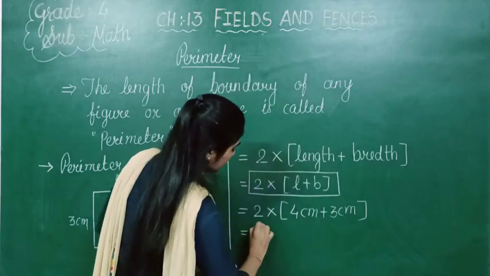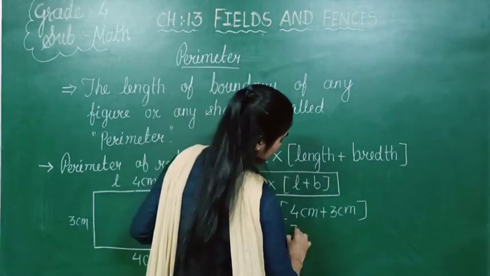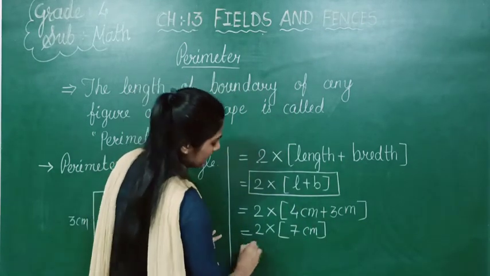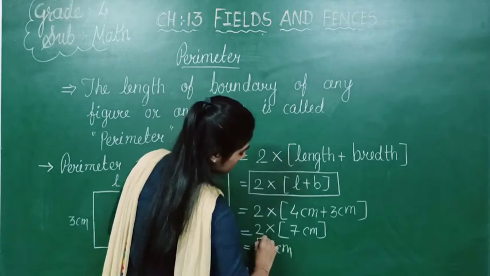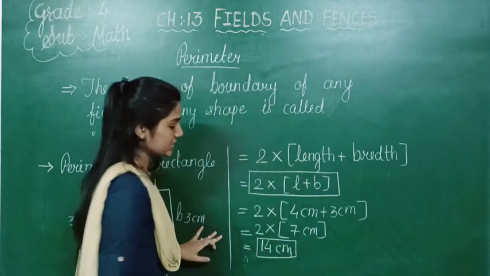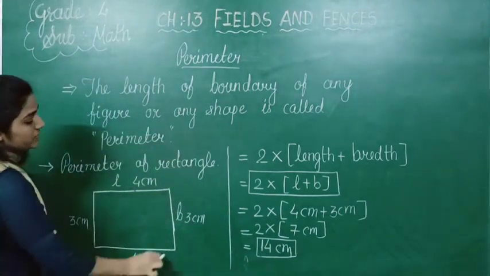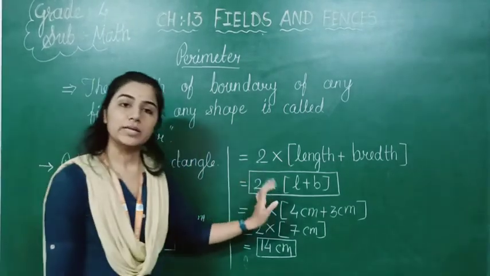So we can find the sum this way: 4 plus 3, that is 7 cm, and 2 multiply 7, that is 14 cm. So we can say that 14 cm is the perimeter of this rectangle. So this is the perimeter of the rectangle.